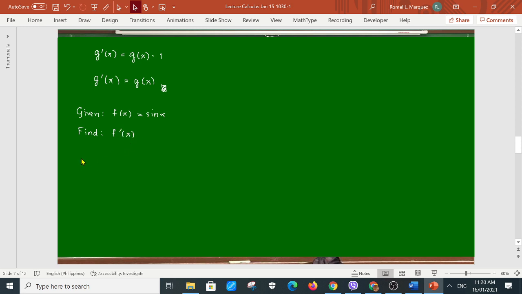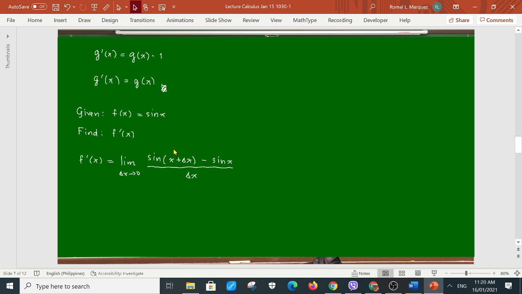Again, f prime of x is equal to the limit as delta x approaches 0 of sine of x plus delta x, that is my f of x plus delta x, minus f of x, minus sine x, all over delta x.